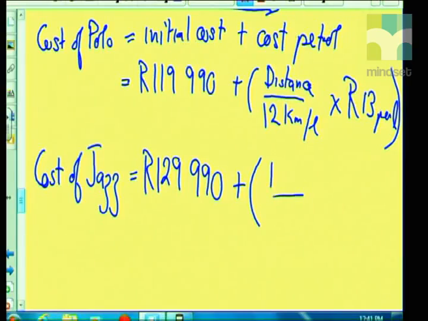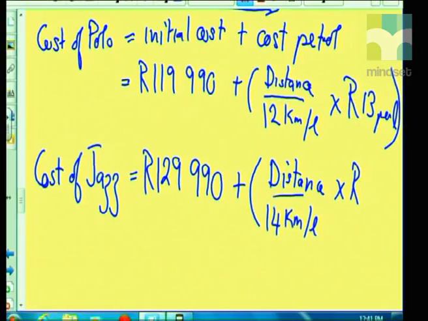It was the same distance that they had to travel, but now it's divided by not 12, but by 14 kilometers per litre. And then I must times that by the price of fuel, which we've said is 13 Rand per litre.